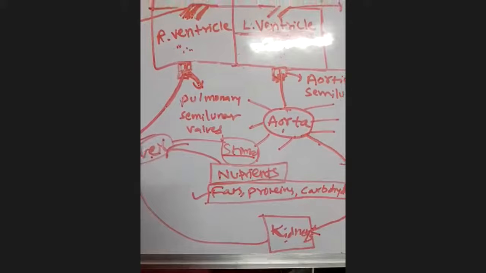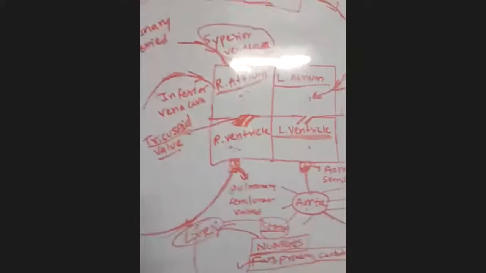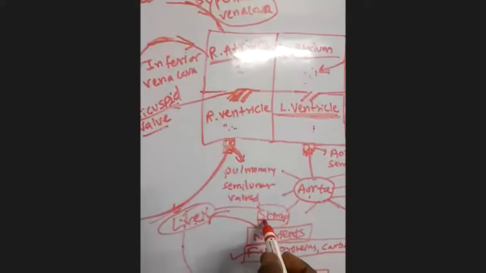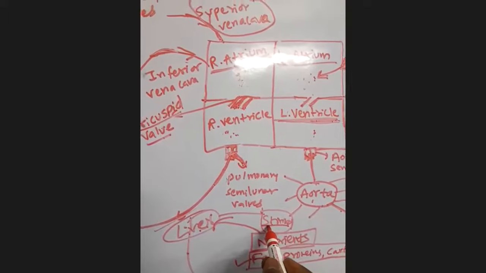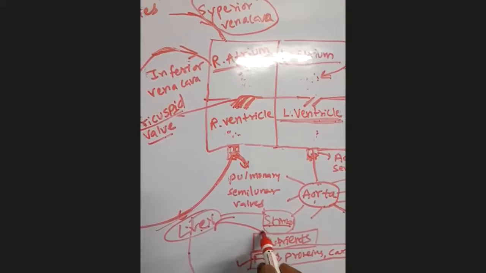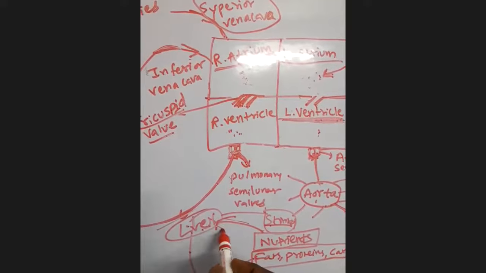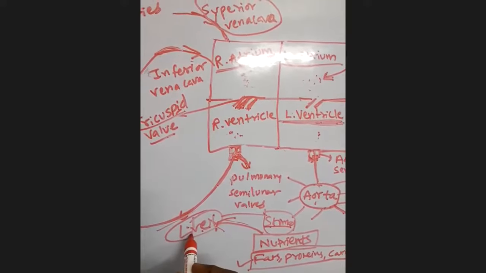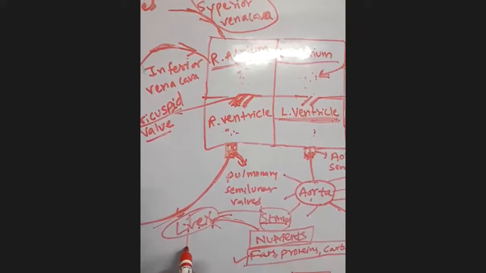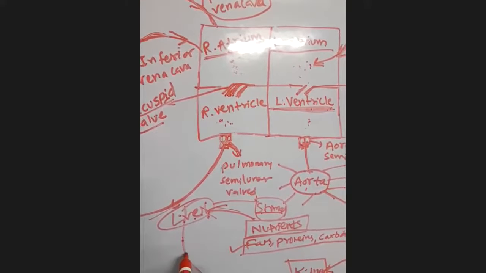So these are all micronutrients. Now what is happening? These nutrients are absorbed in the stomach and also the small intestine, and they will be moved into the liver, and there these nutrients are mixed up in the bloodstream.